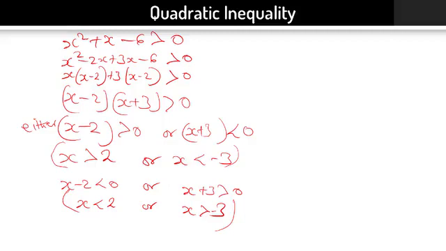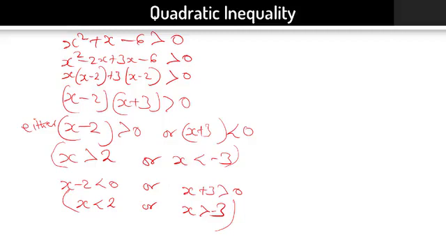Now let's check this other answer. x is less than 2. That is, x ranges from 2 downwards, and x is greater than minus 3. I think this one is correct, because x can be greater than minus 3 and at the same time less than 2, because 1 can fall within this range. 1.5 is within this range.